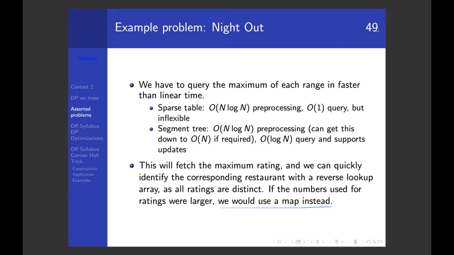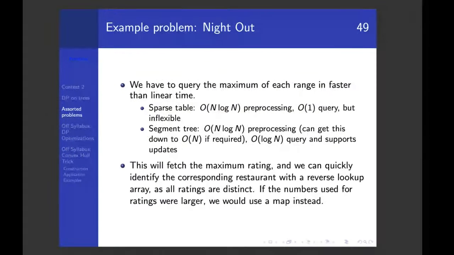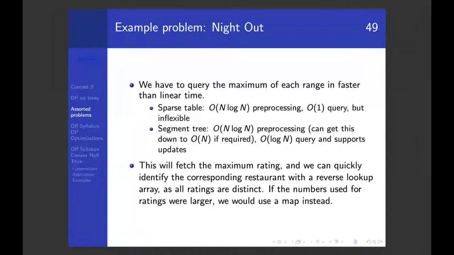One other thing is that we can actually use segment trees. So normally segment trees return just the value, like the maximum value, for example, and not maximum value and node. In both sparse tables and segment trees, we can get it to return the index of the maximum value if we want. We do that by keeping track of the index.